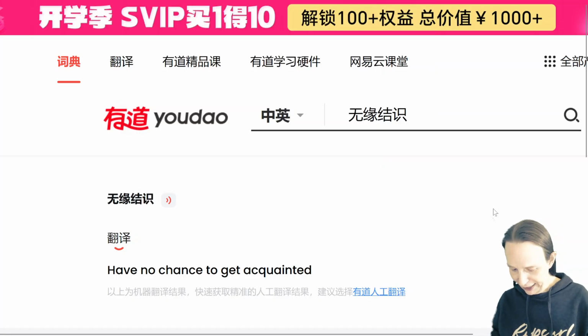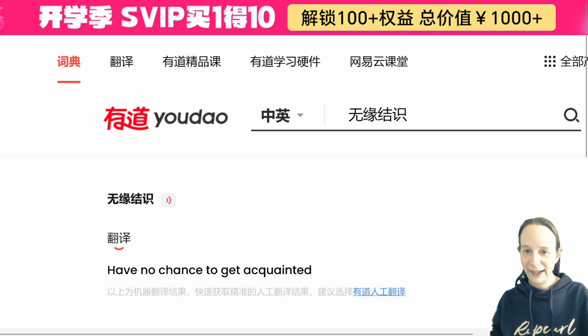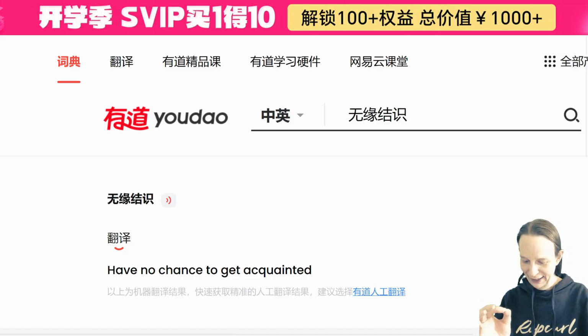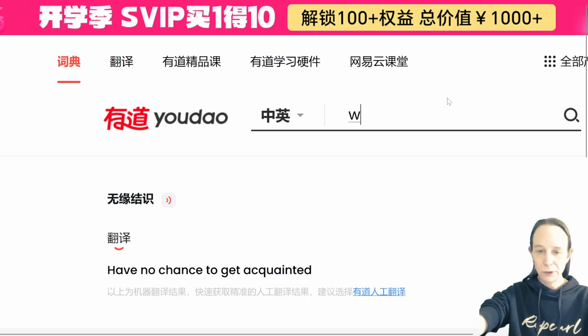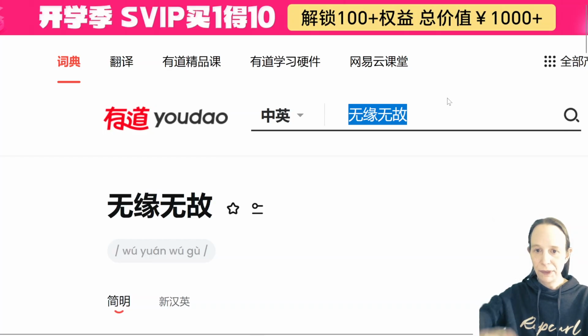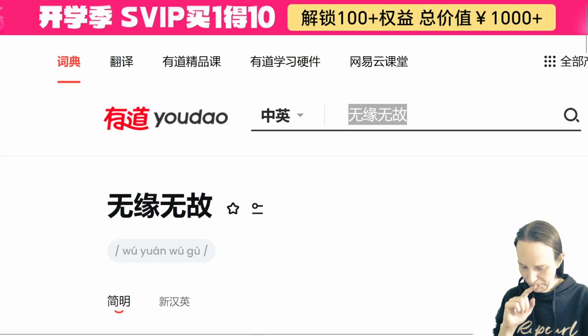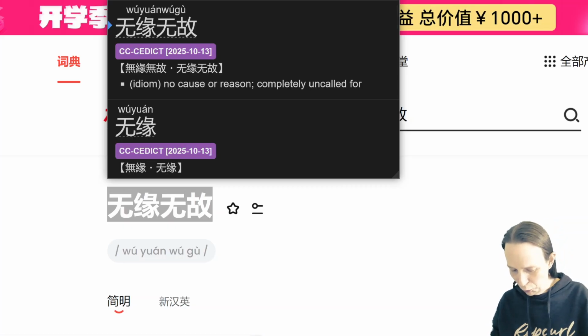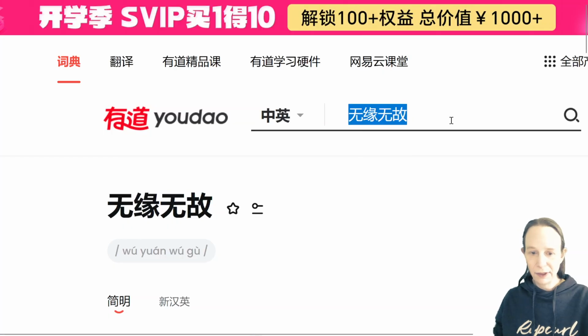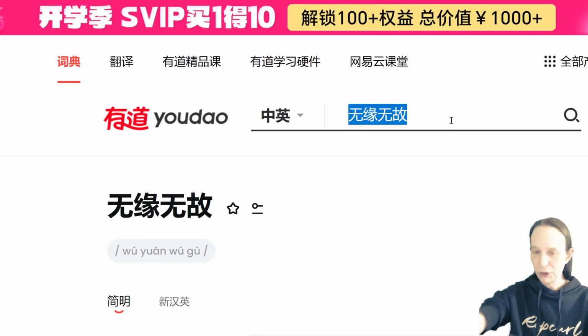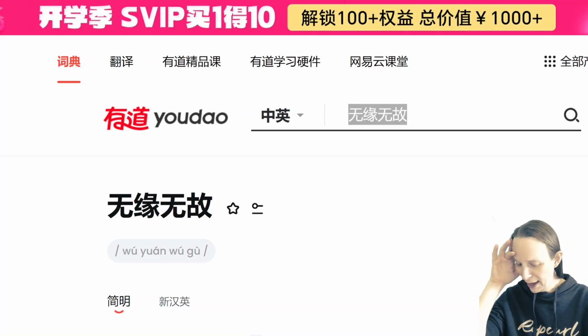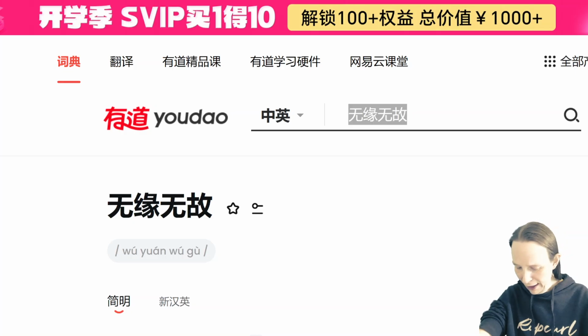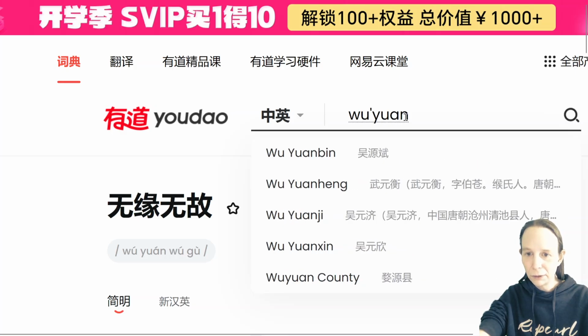The second definition is 没有缘故. So 无缘 is no reason. So that's the 无缘无故. This one. And the third one is 无从. So 无从. 从 can mean comply with. I'm not sure. So 无缘说起.